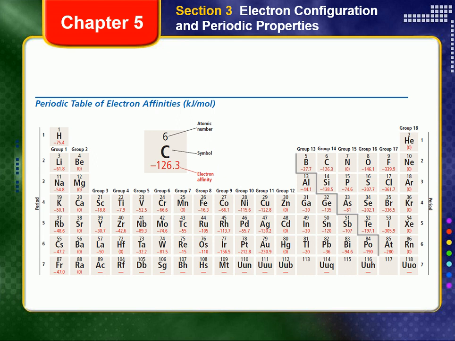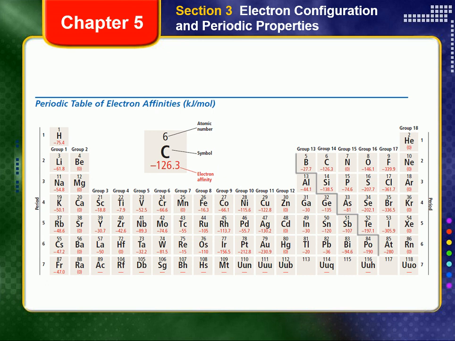The second is an increase in atomic radius as you go down a group, which decreases electron affinities. In general, the size effect predominates, but there are exceptions, especially among the heavy transition metals, which tend to be the same size or even decrease in radius down a group.